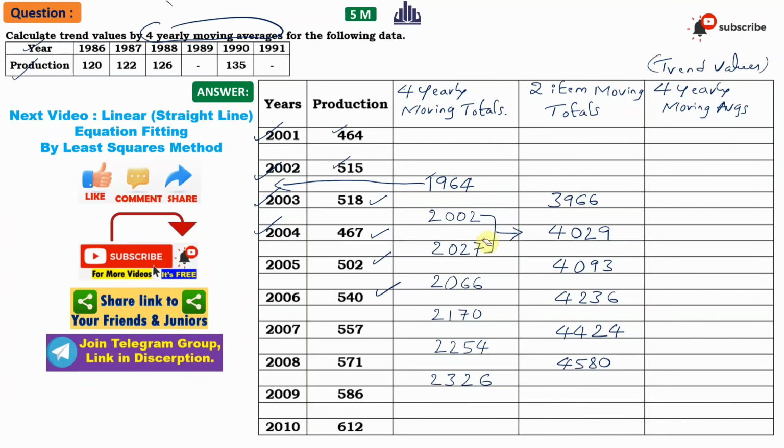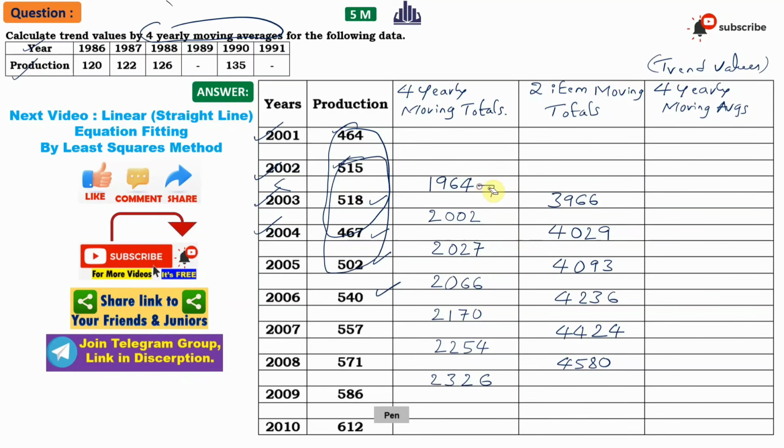So for this, first and foremost, we have added 4 values, and then that has been written here as the mid value, and rest of the 4 values, by leaving the first one, we have written here as the 4 yearly moving totals.